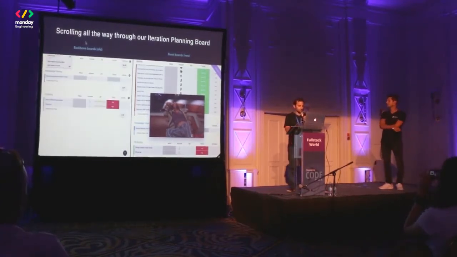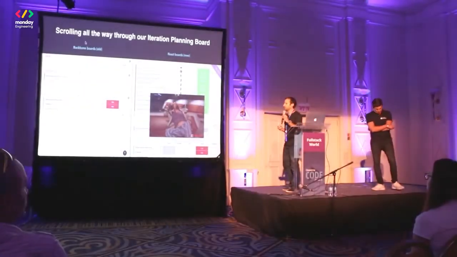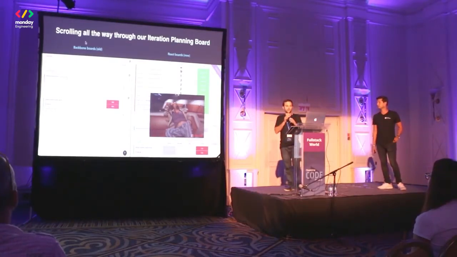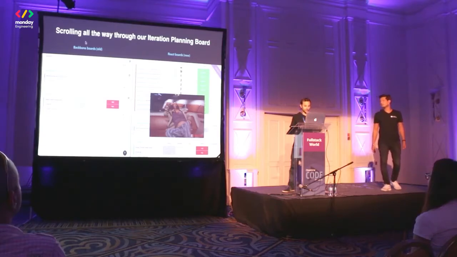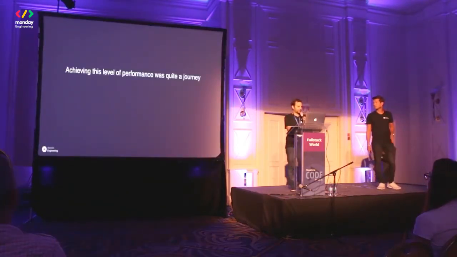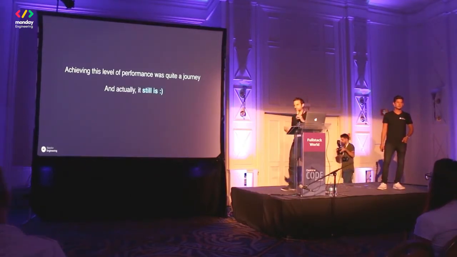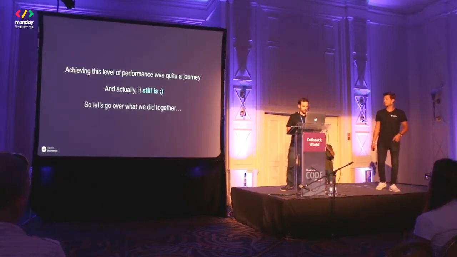What we are going to talk about in this lecture is our journey of taking this complex and very UI-intensive component and the things we learned while transferring it to React. As you can imagine, having such a difference wasn't easy, and as I said before, it's still an ongoing process, so let's go over the things together.